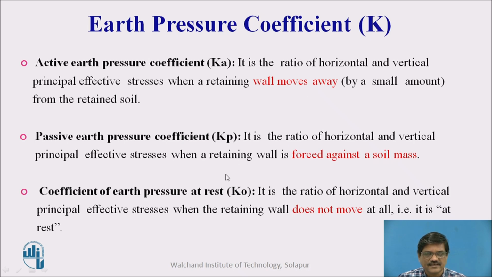And in case of the passive situation, whatever is the ratio of the horizontal stress to vertical stress, that we call the passive earth pressure coefficient. And the last one is the coefficient of earth pressure at rest. It is the ratio of horizontal and vertical stresses when the retaining wall doesn't move at all. So depending upon the movement of the wall, we have these particular coefficients designated: when the wall moves away from the backfill, when the wall moves towards the backfill, and when the wall doesn't move.